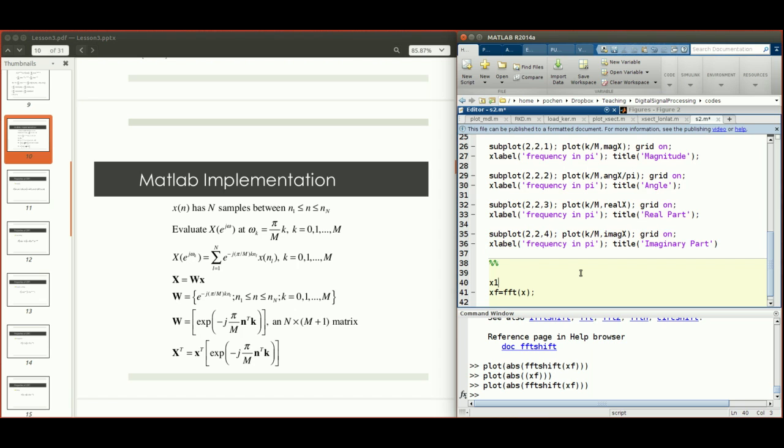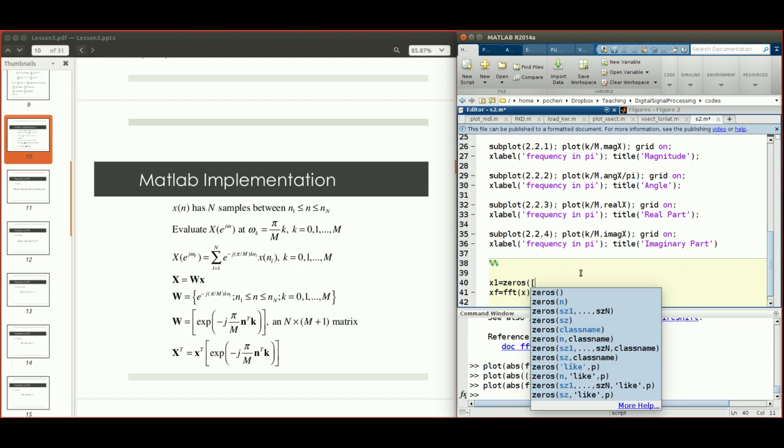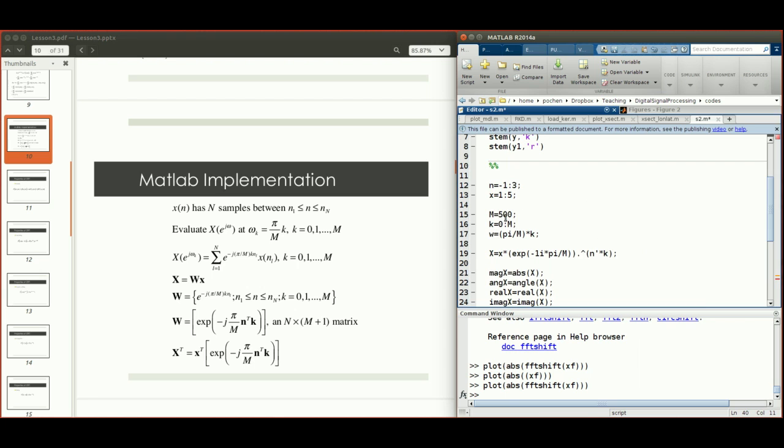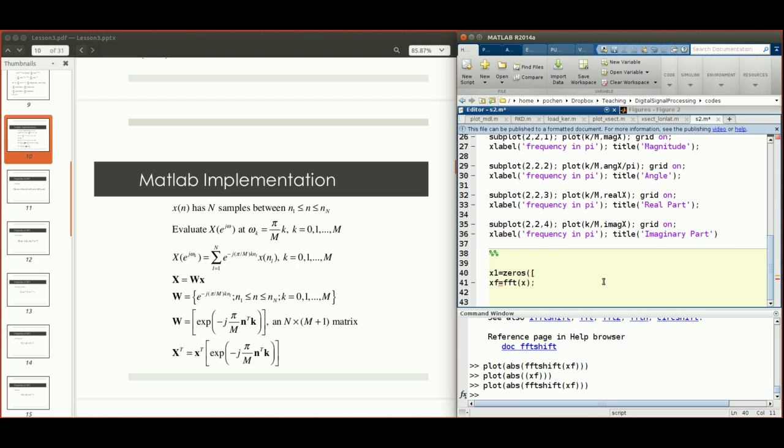So if I define x1 equals zeros, instead of using 500 points, I use 1000 points. So m times 2 rows, and 1 column, for example. That's my x1. And then x1, 1 to the length of x, equals x.